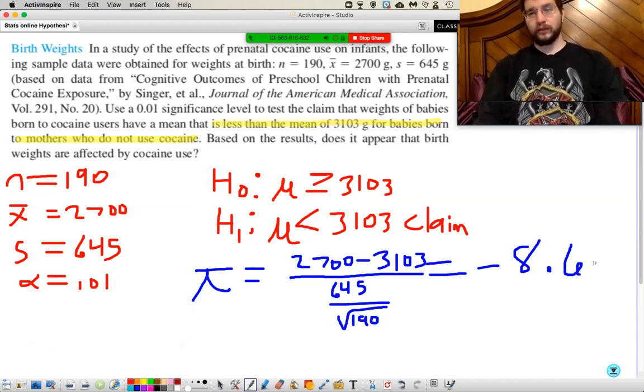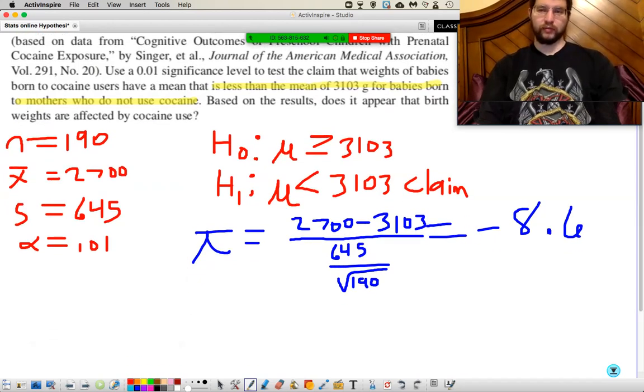Without doing any work, I'm going to say we're rejecting the null, because that's a pretty big negative test statistic, and we're having a left tail. Well, let's do the work and see where it goes.